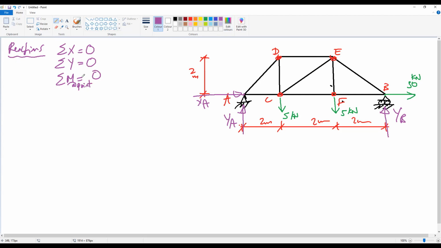Okay, so if we apply the first equation, summation X forces equal to 0. What forces in X direction? We have 2 forces in X direction. XA positive because it goes to the right.